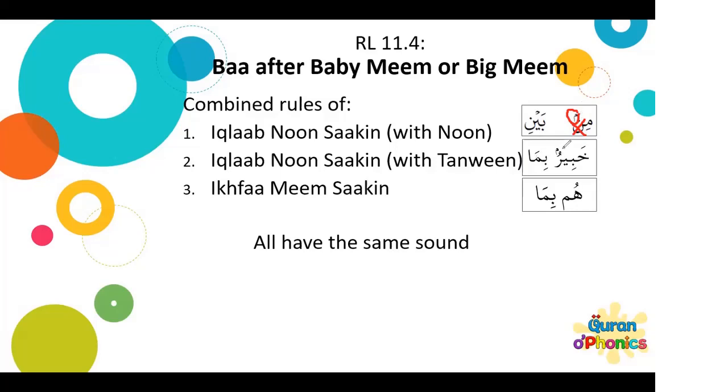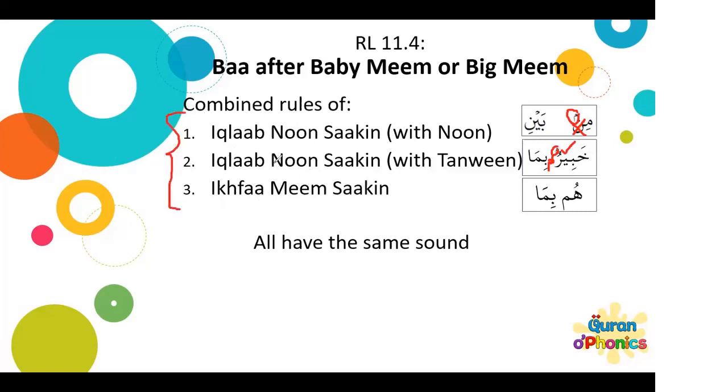Milbaini. And again, over here, we say that this little baby meem, which is with the tanween, it flew up. So we need to bring it down here. So we keep one tanween, khabiru, and then this meem comes over here. It should actually be in the middle of the word, just to help them understand how to read it. So it's khabirun bima. So we teach these 3 rules over here.